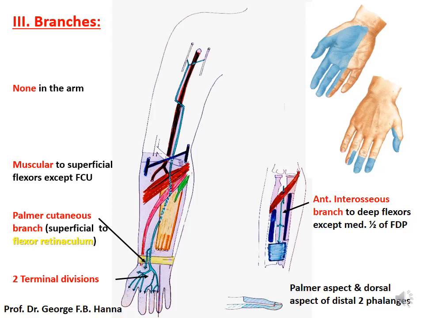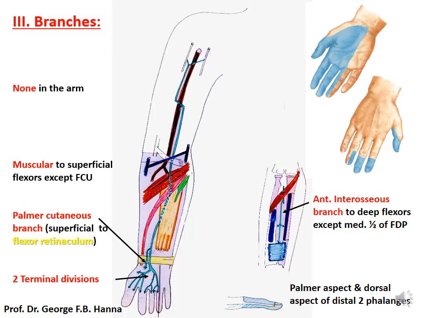Now, let us move downward. In the hand, the median nerve terminates into two terminal divisions, lateral and medial. But we forgot in the forearm. The median nerve also gives rise to a deep branch. This deep branch is called anterior interosseous branch. Why is it called anterior interosseous?